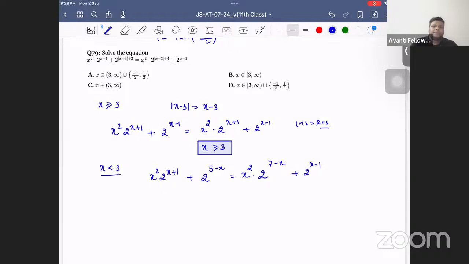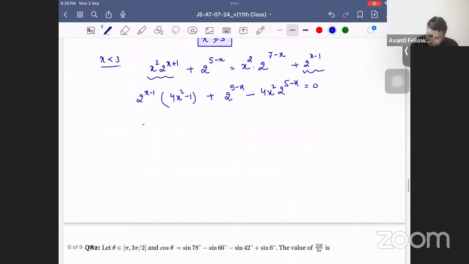Am I correct? Now see, 2 to the power x minus 1, take common from these two. So if I take 2 to the power x minus 1 common, I get 4x square minus 1 plus 2 to the power 5 minus x minus 4x square 2 to the power 5 minus x equals 0.